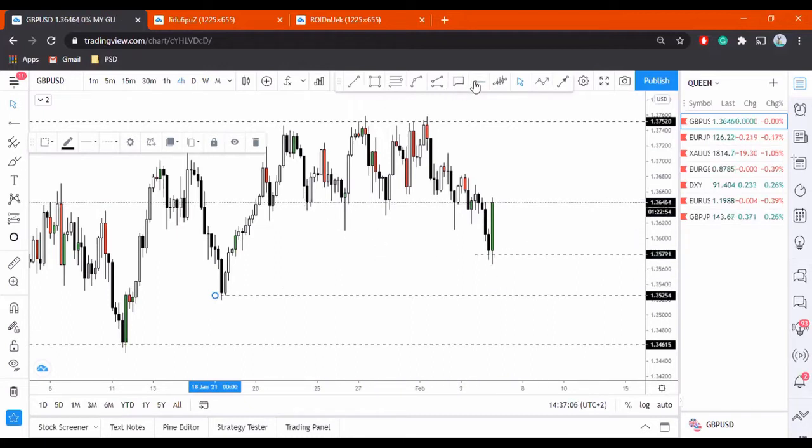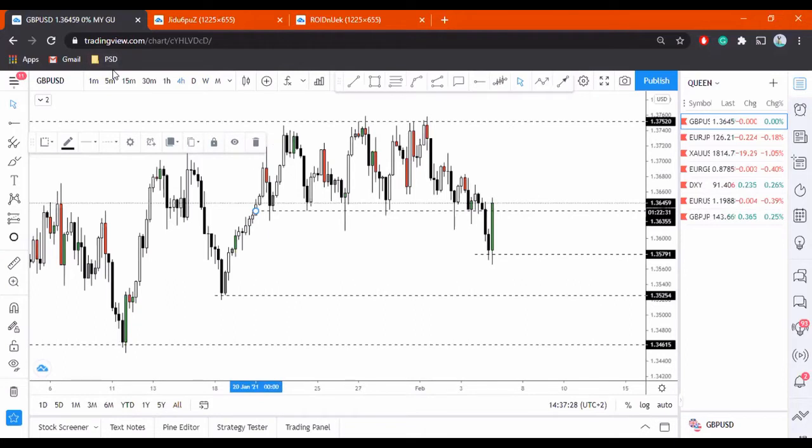And another support that we would put is somewhere around here. Why are we putting support around here? It's because before the movement that happened today, this all happened today. For the past couple of weeks, price had been consolidating right here.